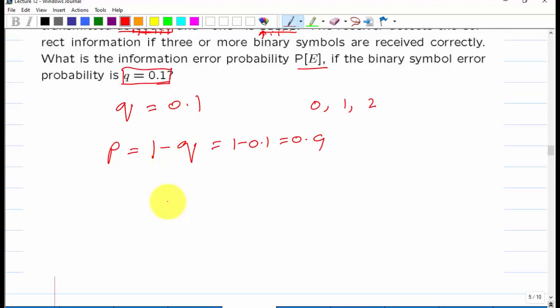Therefore the error event E occurs when the number of successes is strictly less than 3.